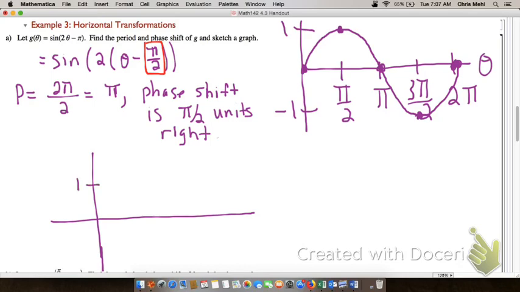The max value is still going to be 1, the minimum value is still going to be negative 1. All the vertical transformations really do is change the amplitude, the distance from the middle value to the max value, and the vertical shifting changes what the middle value is. But here the middle value will still be 0, the min value will still be negative 1, the max value will still be positive 1.